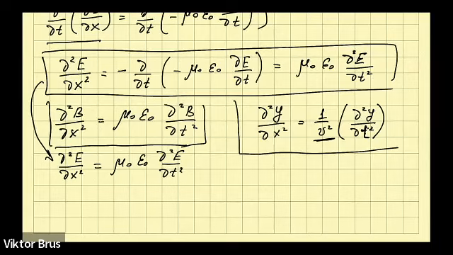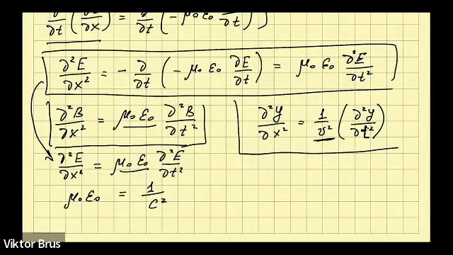According to this analogy, we should write that mu naught times epsilon naught, which stands before the second partial derivatives of magnetic and electric field over time, should correspond to 1 over c squared, where c is the speed of electromagnetic wave propagation in free space.